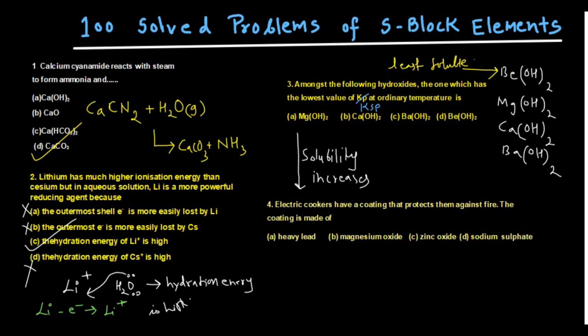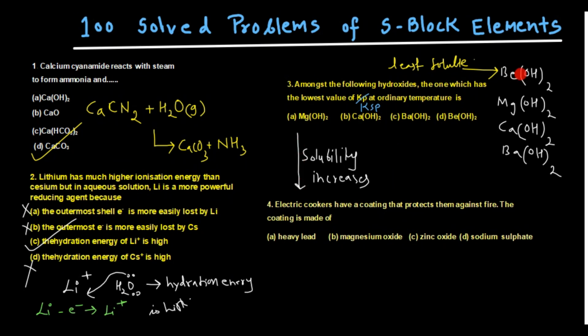So in that case, you see when the precipitation would occur. This solubility product is directly related to solubility. When solubility is low, definitely Ksp is also low. And you should remember, when we move down the group, solubility increases, and when solubility increases, solubility product also increases.